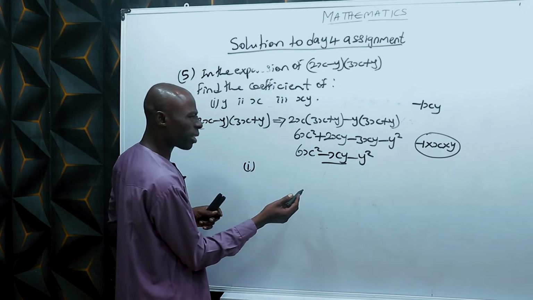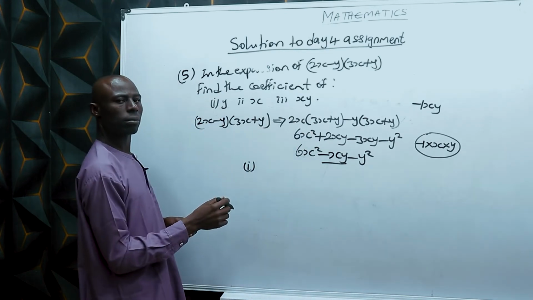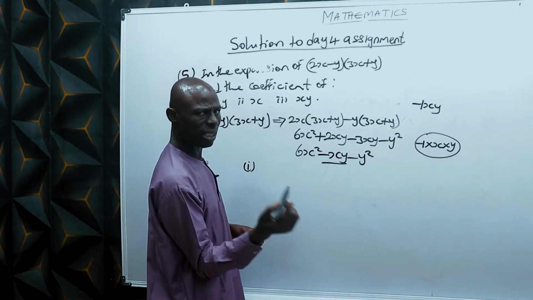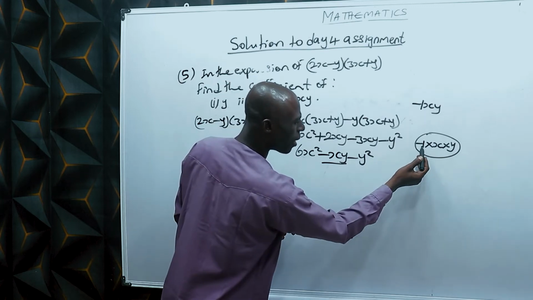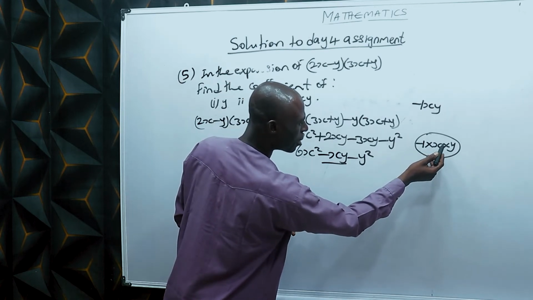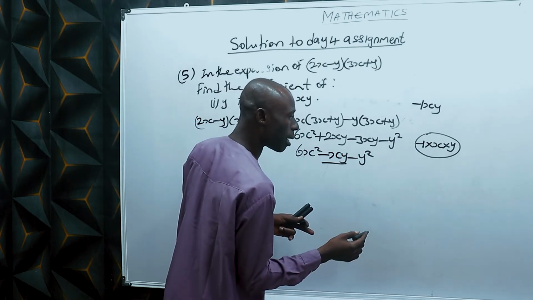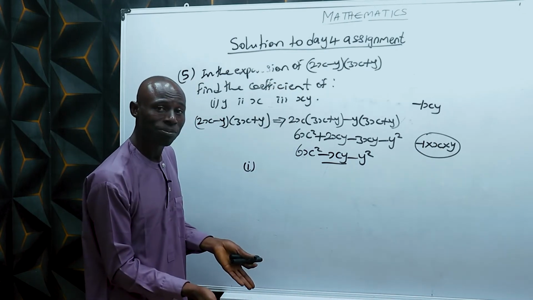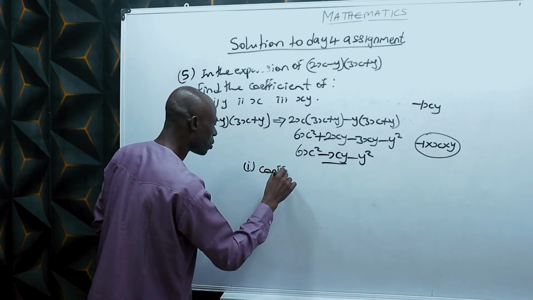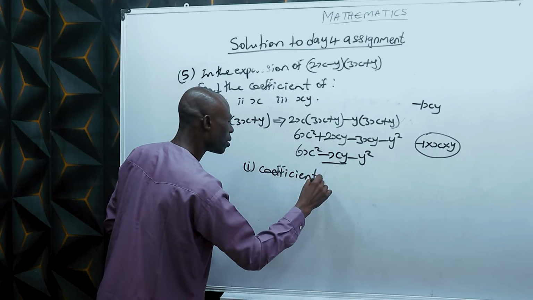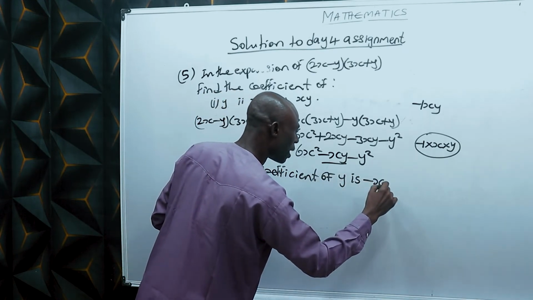So what is having multiplicative attachment with y is the coefficient of y. Those things are minus 1 times x, and minus 1 times x is minus x. So coefficient of y is minus x.